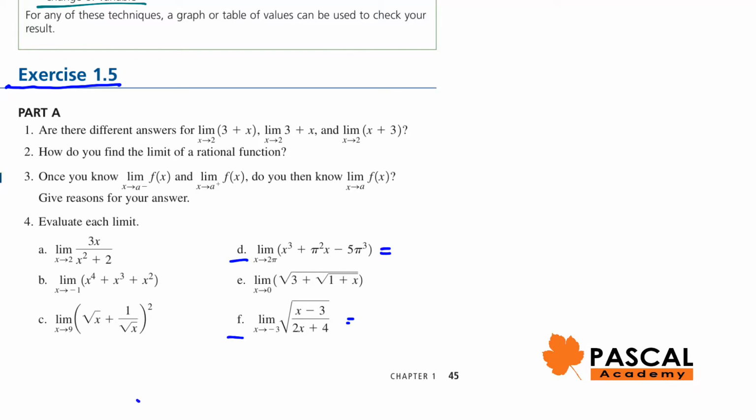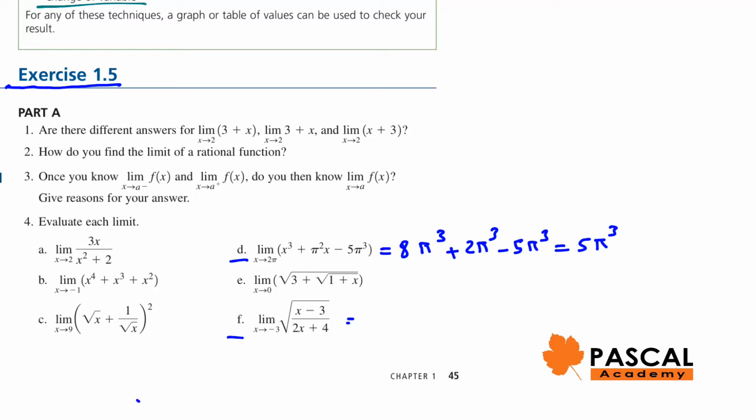Therefore, the limit of x^3 plus pi^2 x minus 5 pi^3 is 8 pi^3 plus 2 pi^3 minus 5 pi^3, which is 5 pi^3.